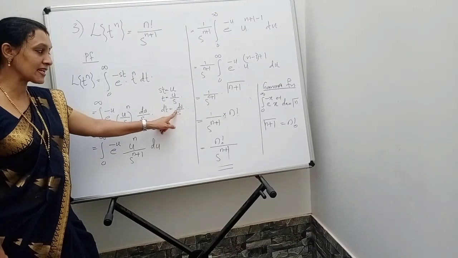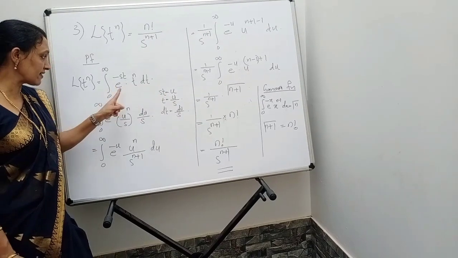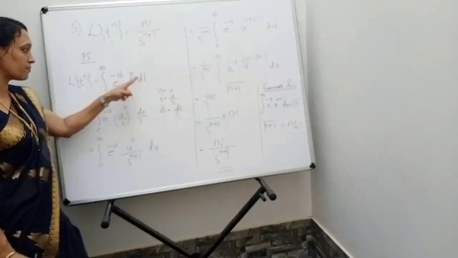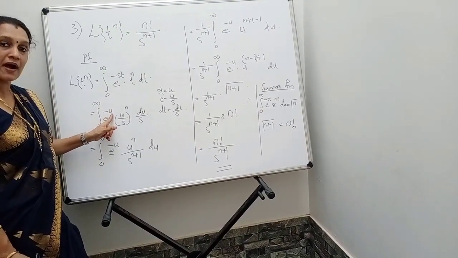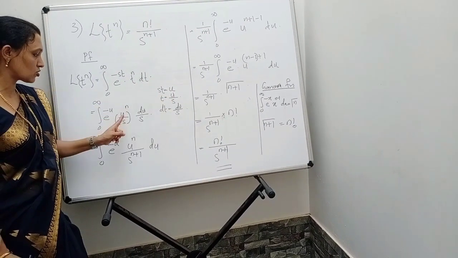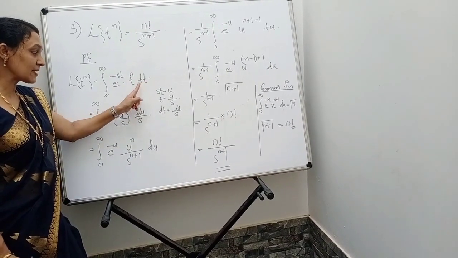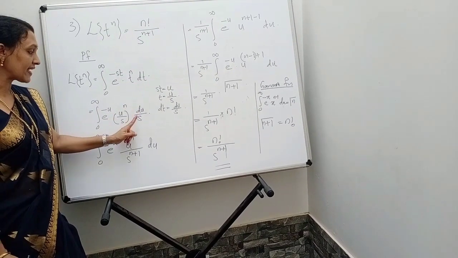So dt can be replaced by du by s. Now you substitute in the integral. St is replaced by u. So e raised to minus u into t is replaced by u by s, so u by s the whole raised to n. dt is replaced by du by s.